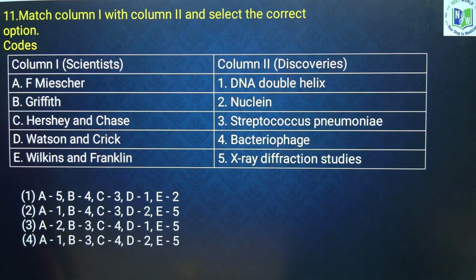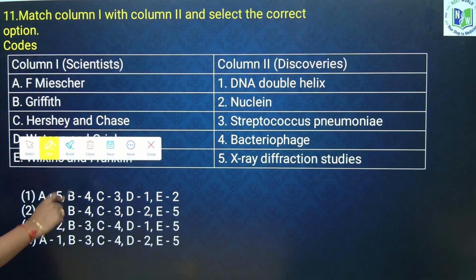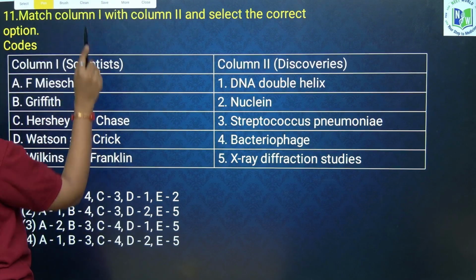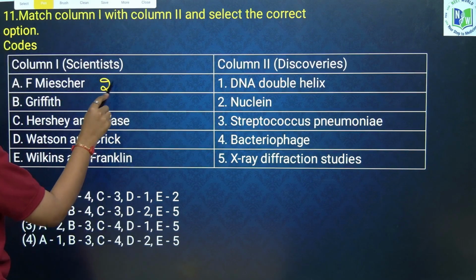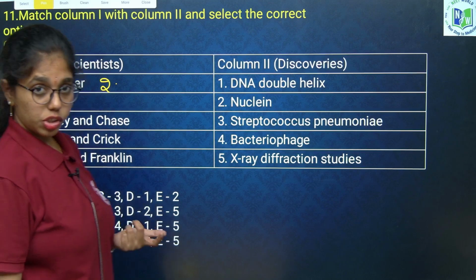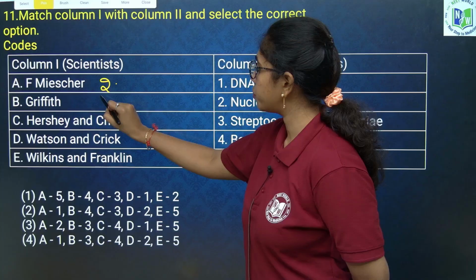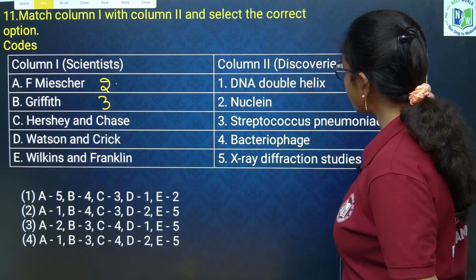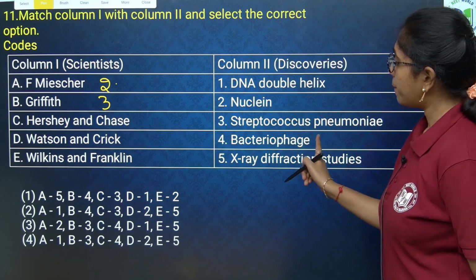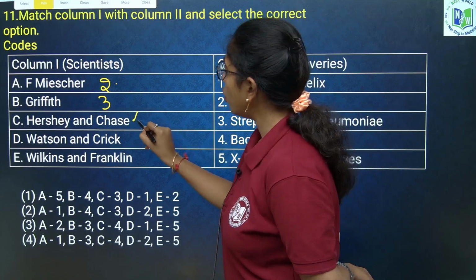Next, Frederick Miescher is the first person who analyzed the DNA, but he named it as nuclein. This is option 2. Griffith gave us transforming principle working out on Streptococcus pneumoniae. This is option 3. Next, Hershey and Chase worked on bacteriophage, which is option 4.